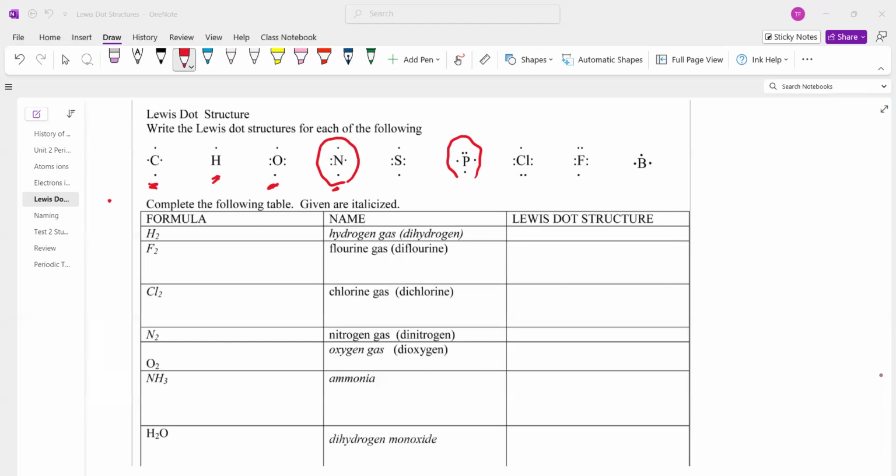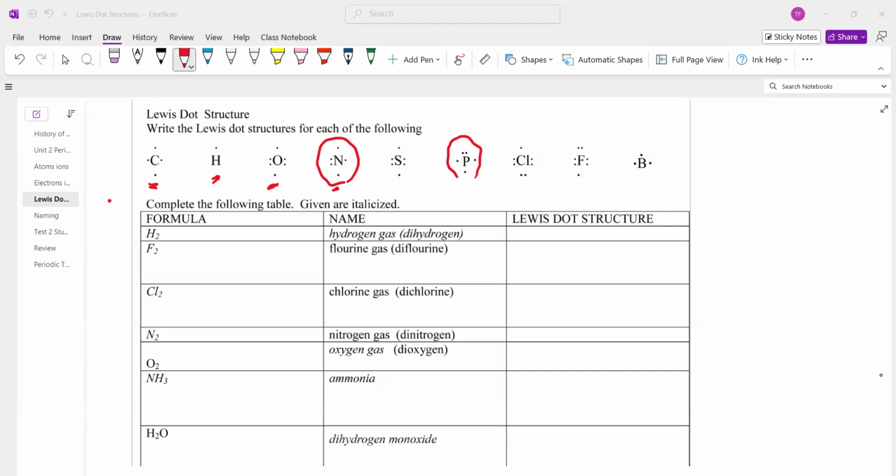Now notice that the pair is in a different location in nitrogen. You're going to see when you start configuring stuff, you can move that stuff around, as long as you keep the pairs together and the singletons single. So for nitrogen, you're going to have one pair and three singletons.